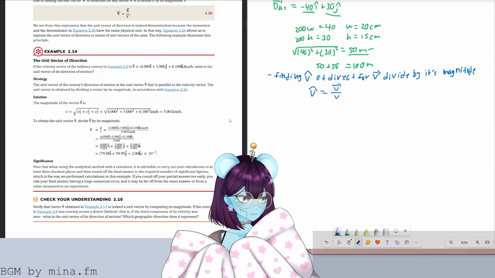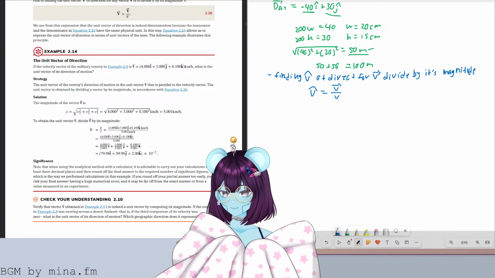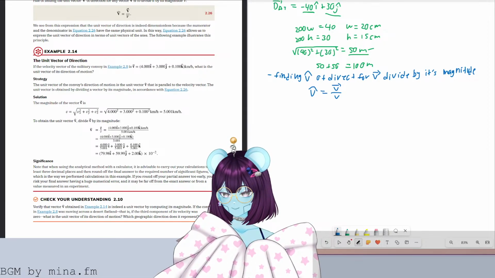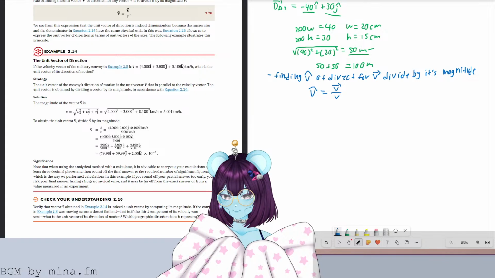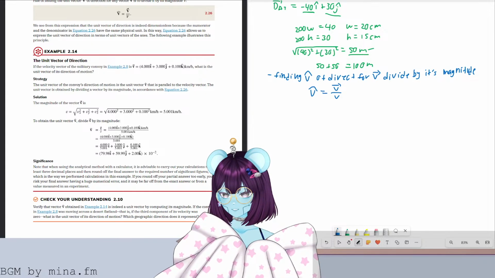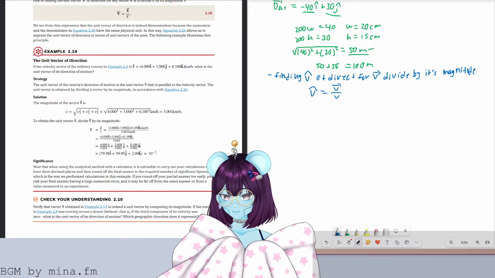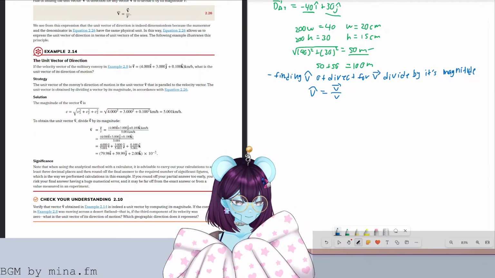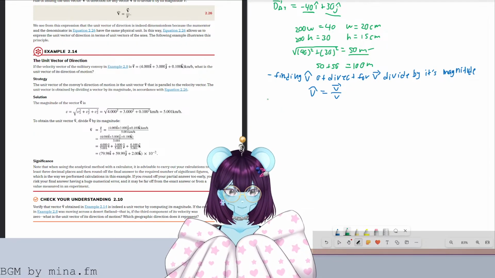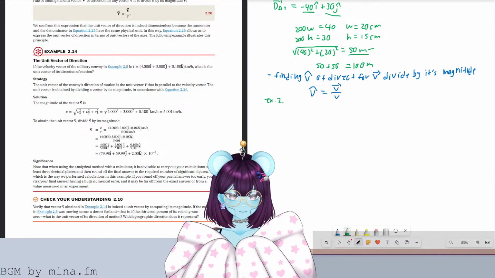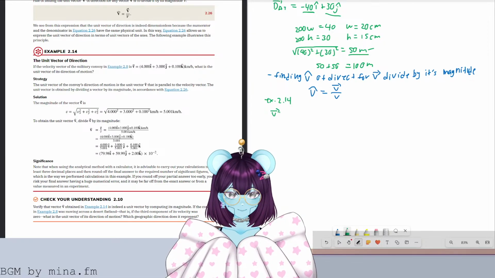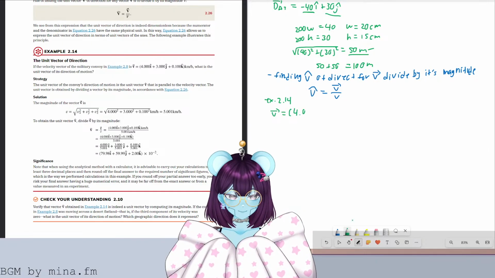So we have that big vector. If the velocity vector of the military convoy is that, what is the unit vector of its direction of motion? Okay, so we are given 2.14. We're given this. I don't like all the zeros.